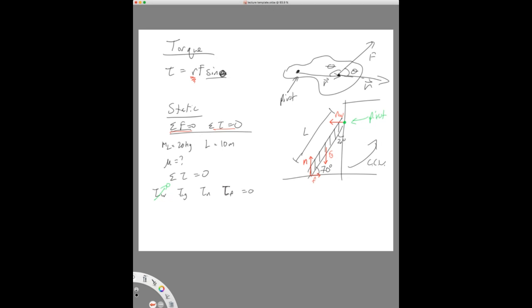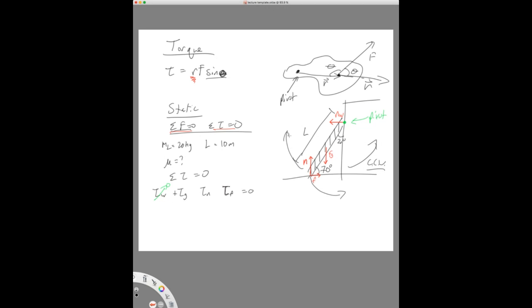Okay, so let's start with force of gravity. So if I look at the force of gravity and imagine the top edge is the pivot, force of gravity is trying to bring the ladder down, trying to make it more vertical, which means it's going around like this, and that's going to be counterclockwise. So torque of gravity is going to get a plus sign. Normal force is trying to do the opposite.